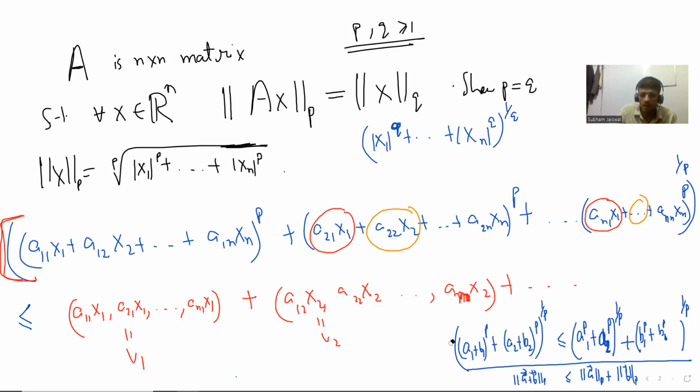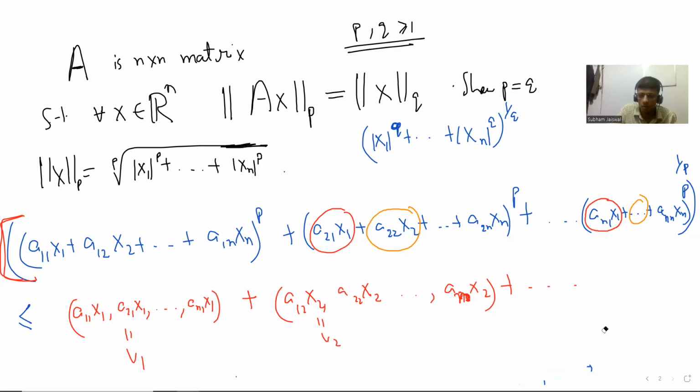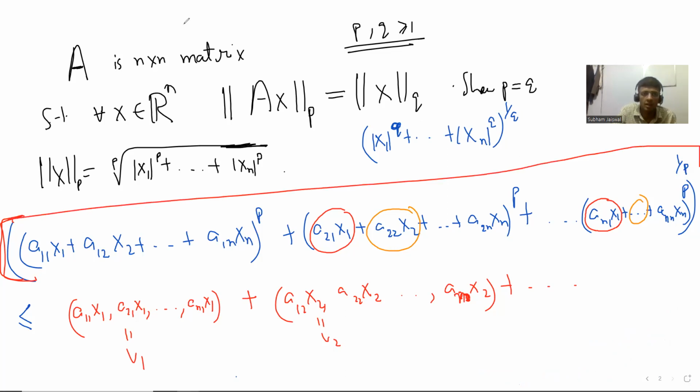Then the above expression is the p norm. What is that? Can you say? That is adding the n vectors and then taking their p norm. Is this fine?